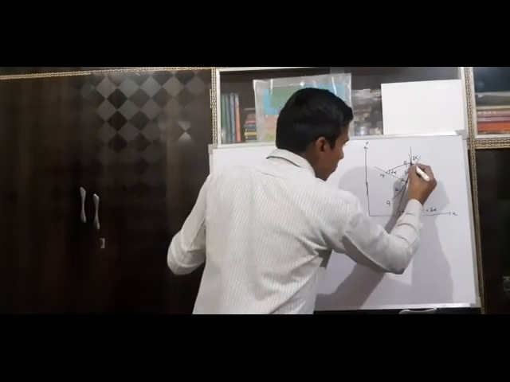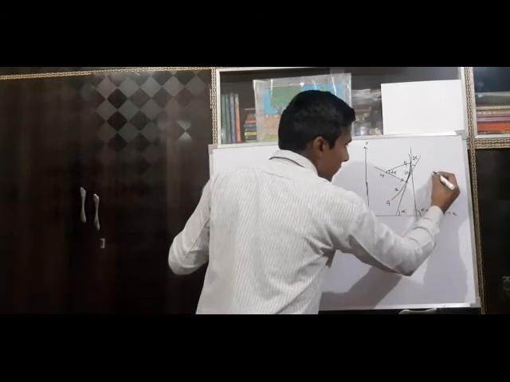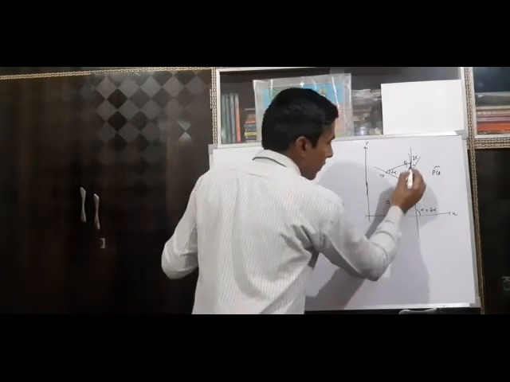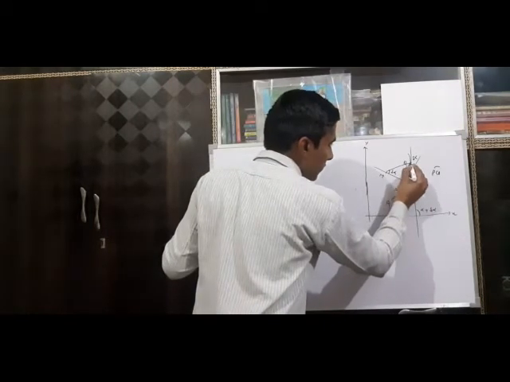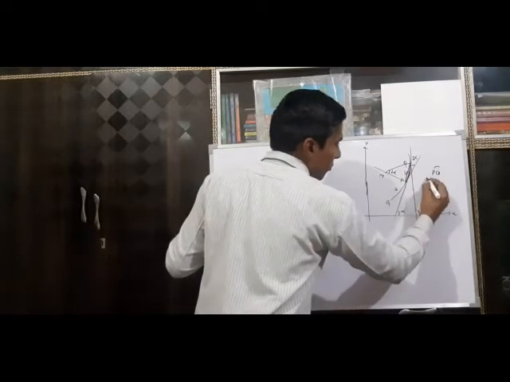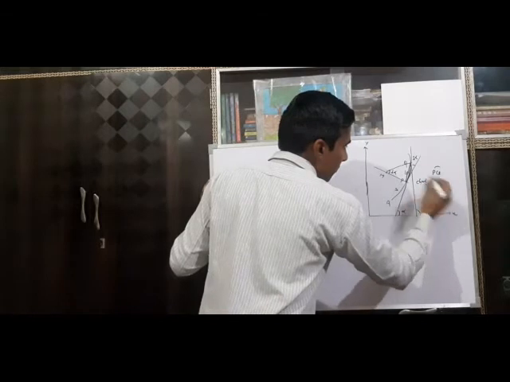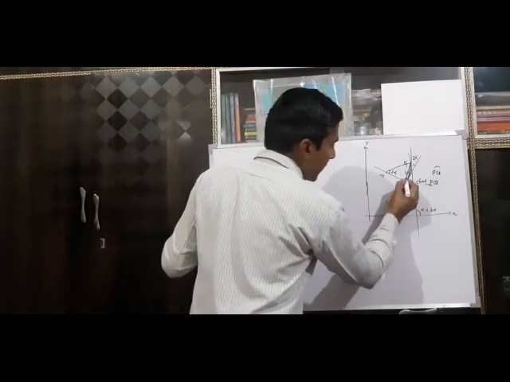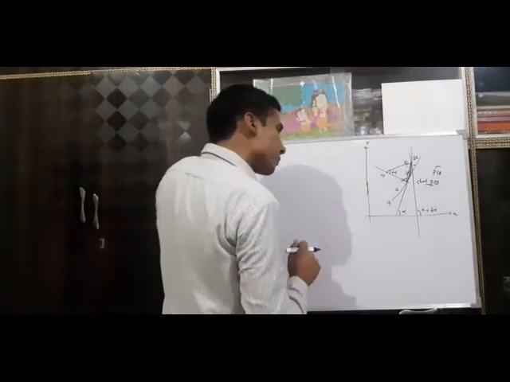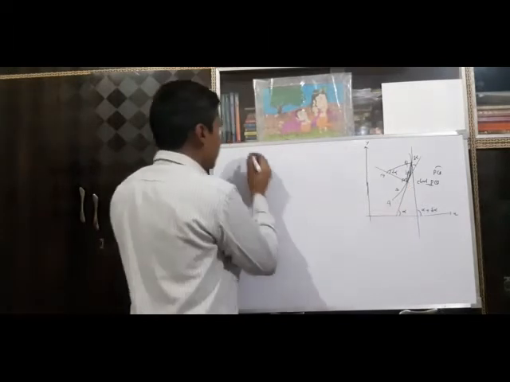Now this is your curve, you can denote it as arc PQ. Now if we draw a straight line, you can say this is a chord PQ. This is a right angle triangle. Here you see, if Q approaches to P, then what will happen?